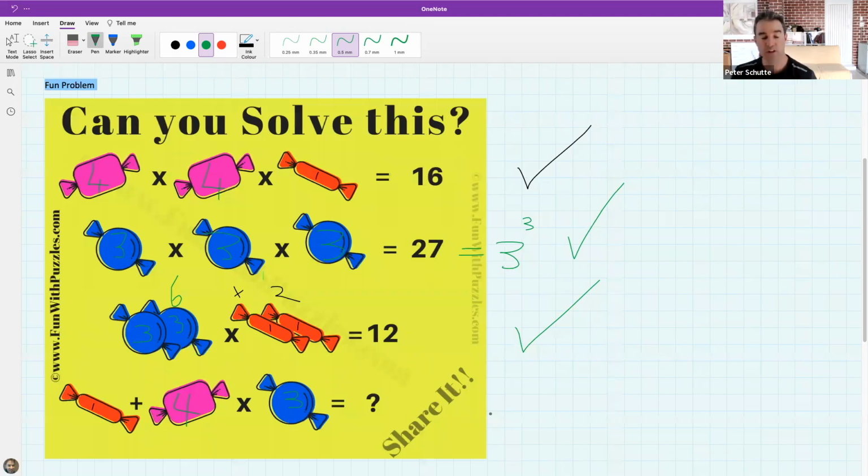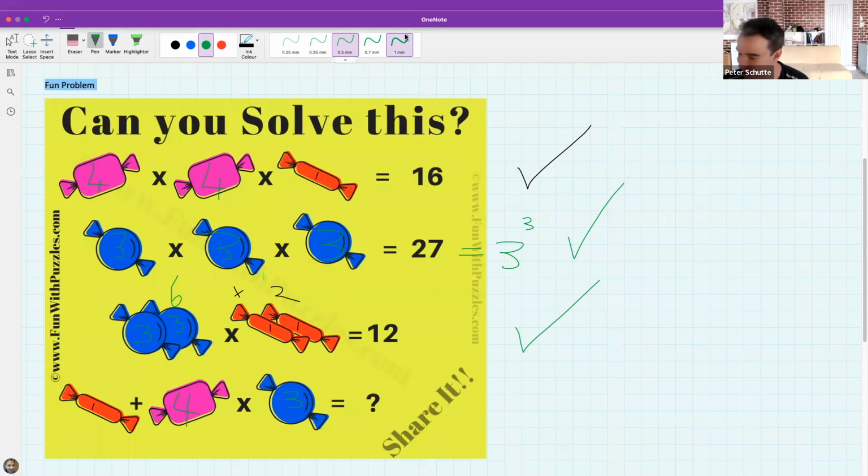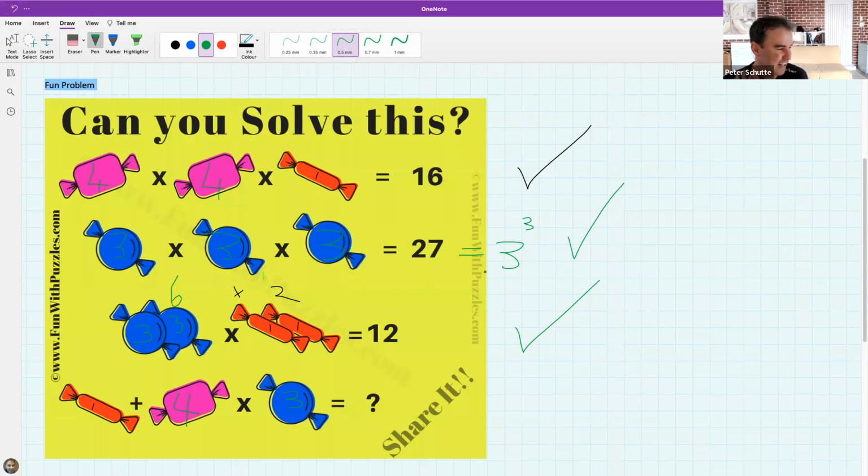Now, there's still some work to be done because in mathematics, we have to decide if addition gets done first or if multiplication gets done first. So which of those two is going to be? If you would like to reconsider and change your answer, now is the time.